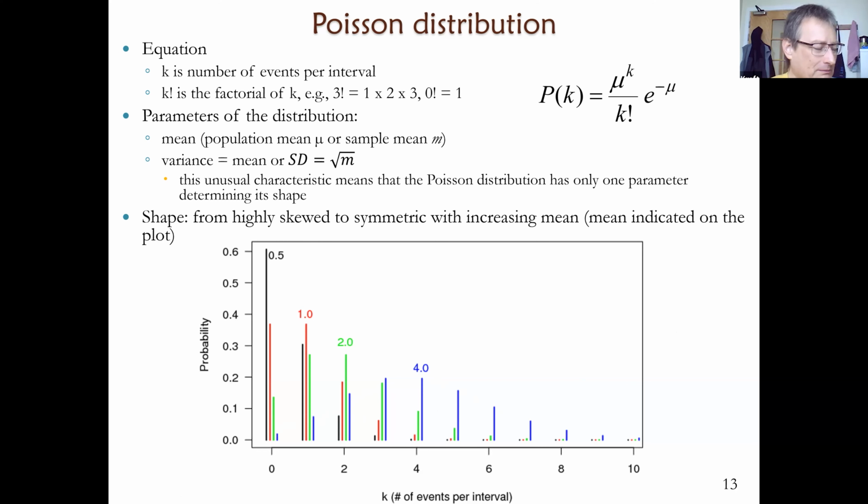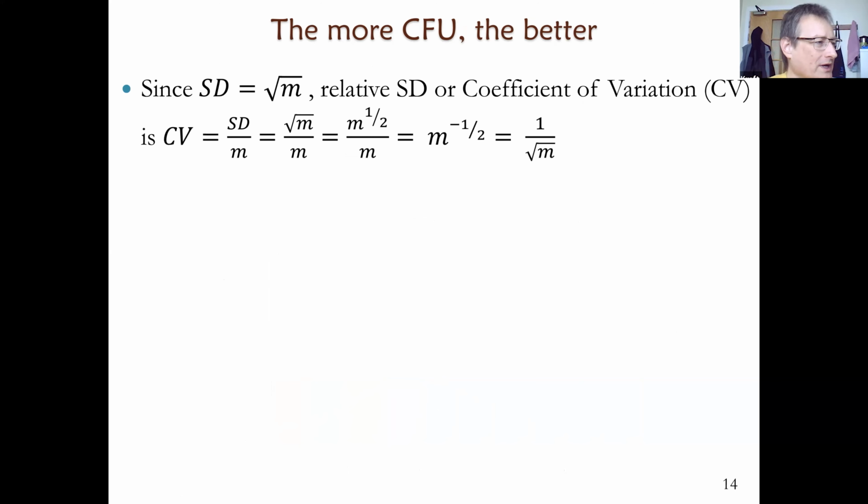Okay, now what that means is that the more counts you have, the lower the error is. I made some more plots to show that.